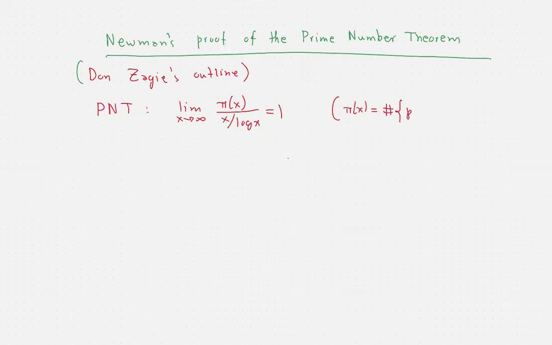In an earlier video, we have established that this statement is equivalent to the statement that the limit as x tends to infinity of theta of x over x is equal to 1, where, of course, theta of x is the Chebyshev function.